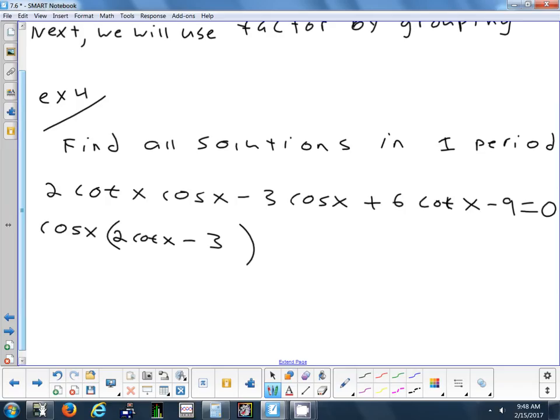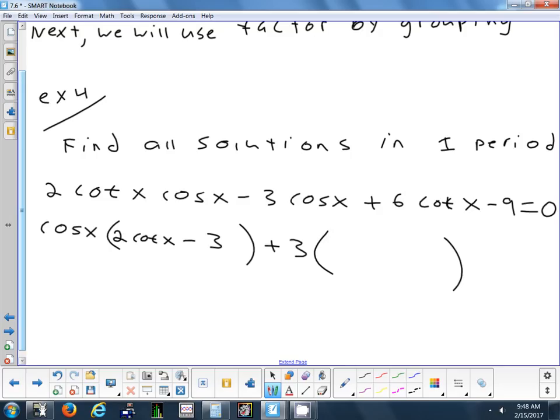What do the next two terms have in common? Nope, they both don't have a cotangent, because one of them is just a 9 and one of them is 6 cotangent x. Yeah, they have a 3 in common. So let's factor out a positive 3.